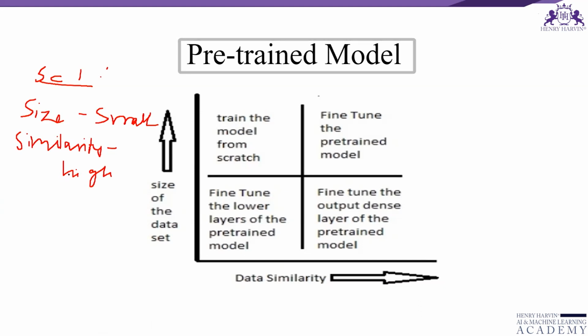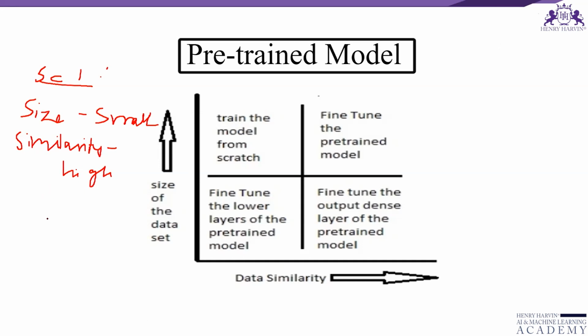What we have to do? We just have to customize and modify the output layers according to our problem statement, right? So we should use the pre-trained model as a feature extractor. Suppose we desire to use models trained on ImageNet to identify a new set of images that have cats or dogs, right?